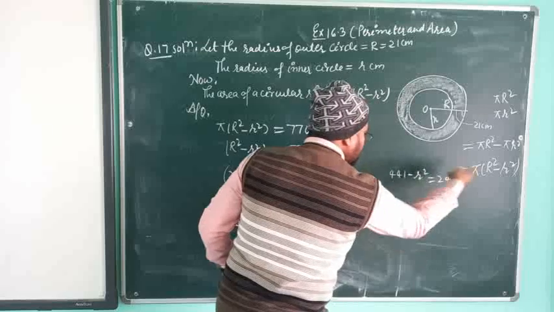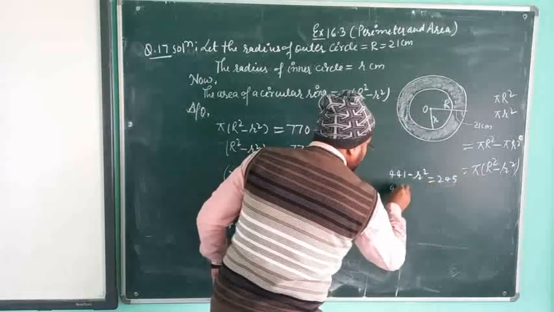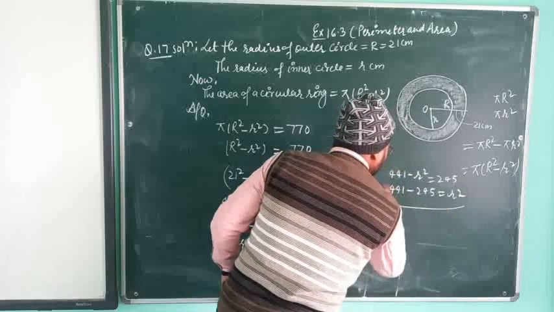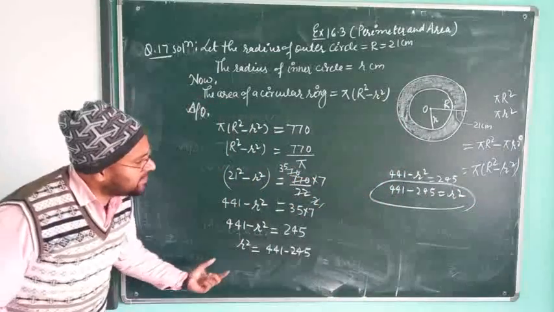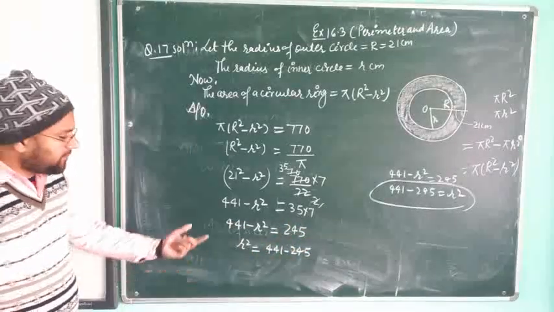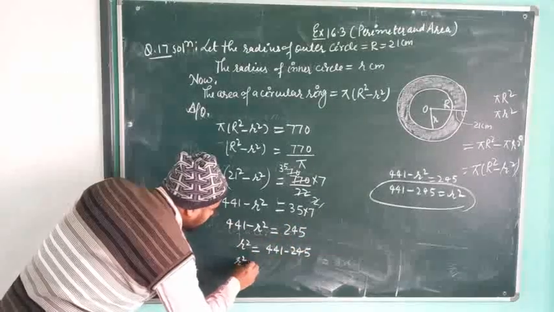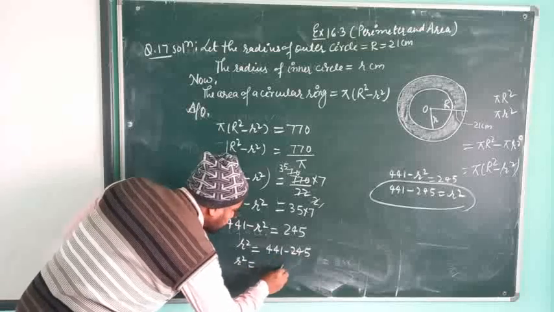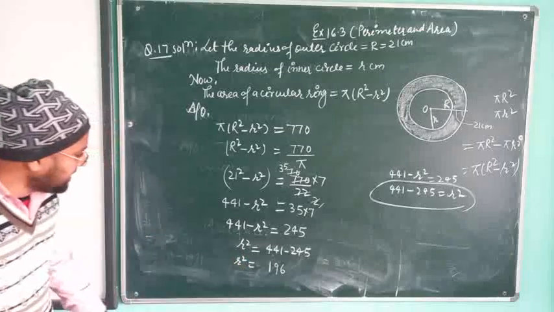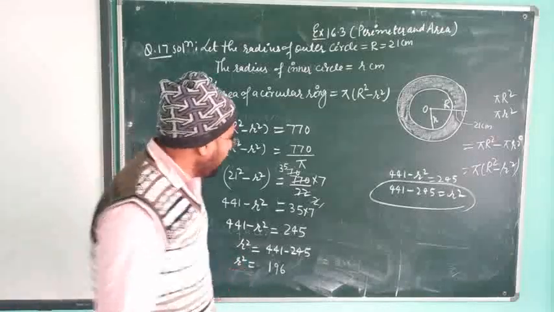What I told you, I am transposing r square to this side, so 441 minus 245 is equal to r square. So r square is equal to 441 minus 245. If you subtract, you are getting 196. r square is equal to 196.